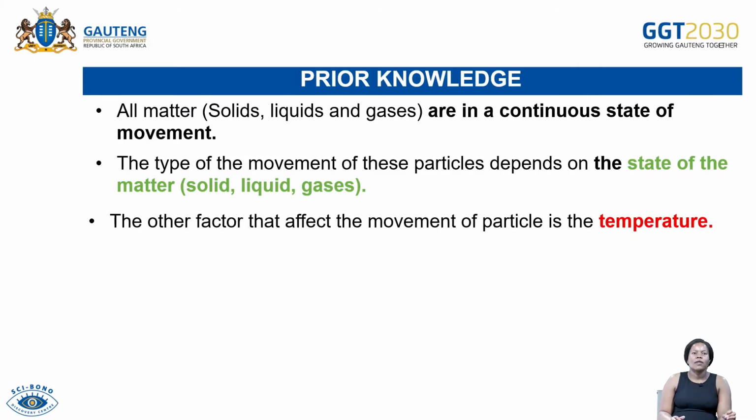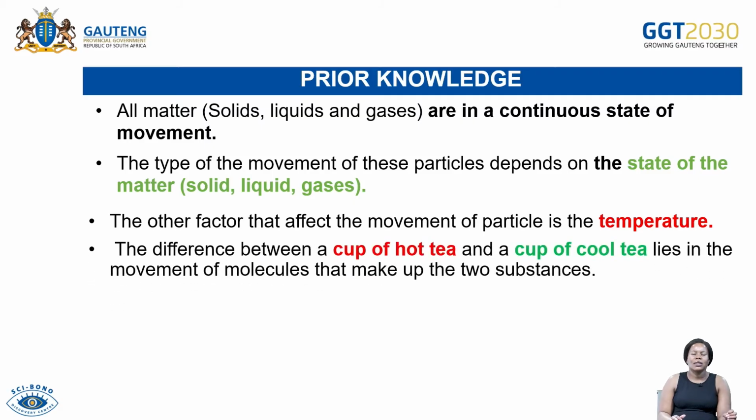Now the other factor that affects the movement of the particles is temperature. Say you put hot water in a cup, and cold water in another cup, and then you drop tea bags in both of these containers.